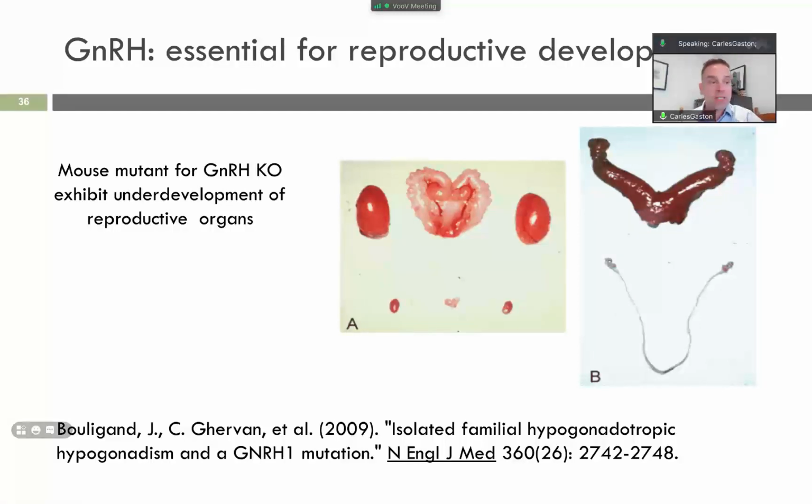Hypogonadotrophic hypogonadism is infertility due to abnormal secretion of gonadotrophin neurons in the hypothalamus. So that was the first paper identifying mutations in GnRH, and it led to a New England Journal of Medicine publication.